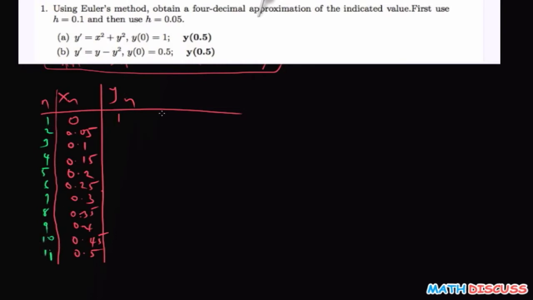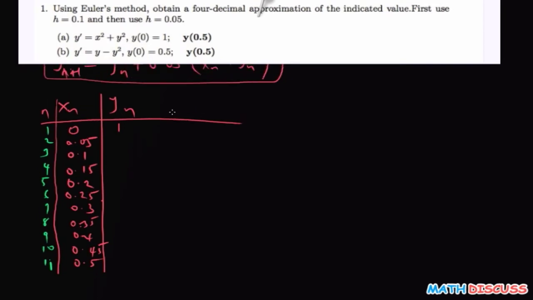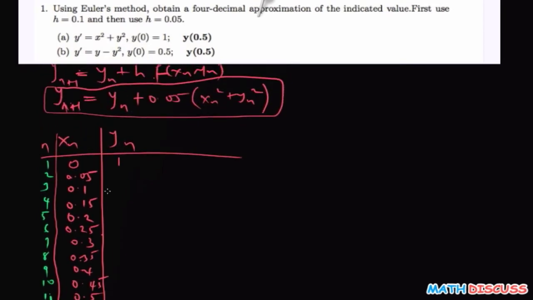So y1 is 1. I want to find y2. So to find y2, that is when n is 1, you have 1 plus 1, that's 2. So y2 equals y1 plus 0.05 into x1 squared plus y1 squared.